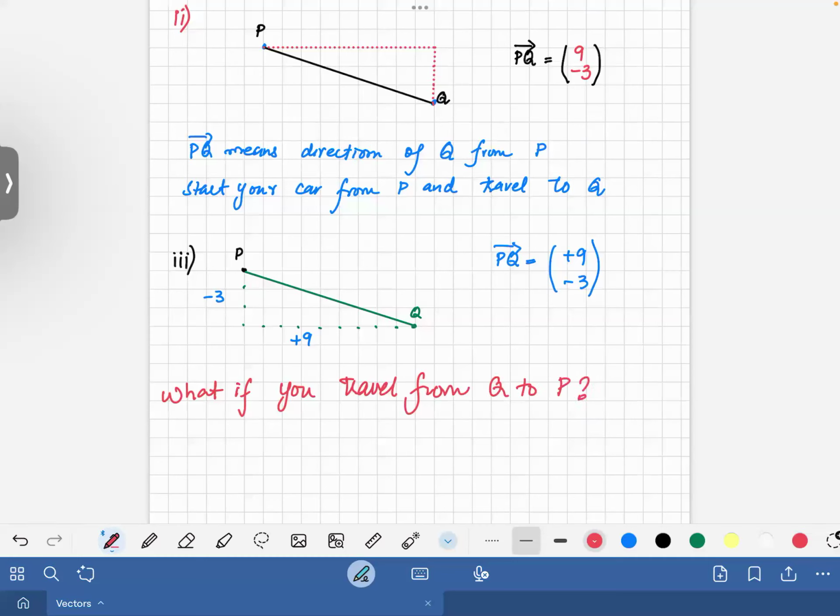For example, AB is a vector and there are two lines like that, so it means you are bound to give the magnitude. The formula would be square root of x square plus y square, which is a practical application of trigonometry. I told you, if you have the base and perpendicular, you can find the hypotenuse by using Pythagoras theorem.